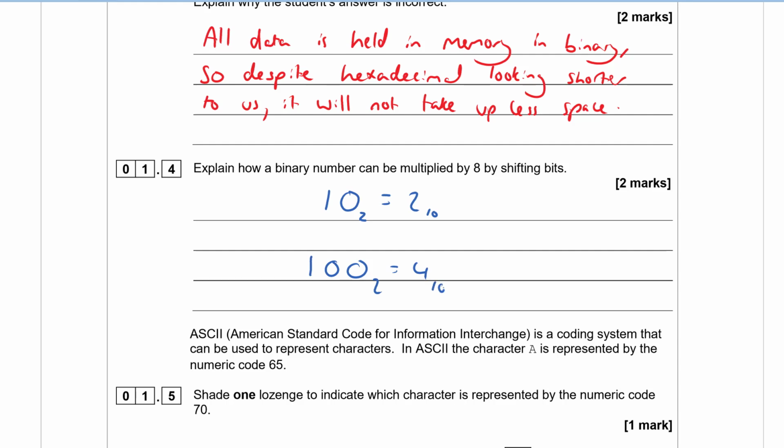So one left shift is multiplying by 2. If I want to multiply by 8, I need to do 3 left shifts, because 8 is 2 times 2 times 2.